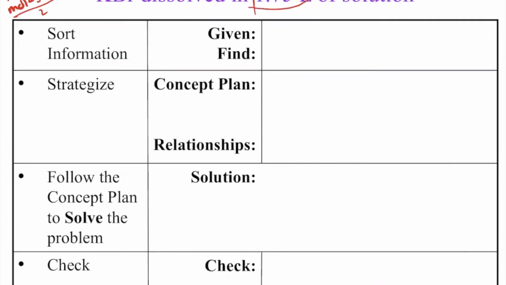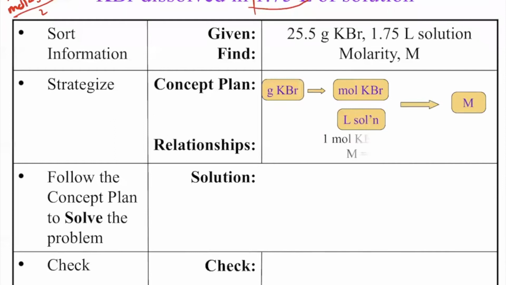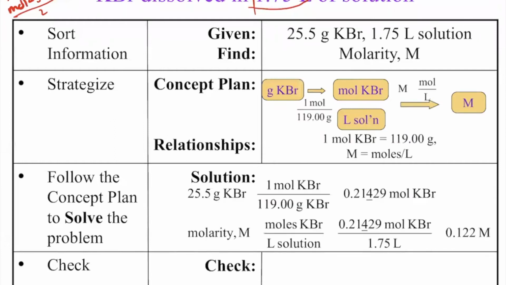You need moles, so you have to convert those grams to moles. Then you divide the moles by the liters, and you have moles over liters, which is the same as molarity. Since you were given three significant figures to begin with, your solution should be in three significant figures.